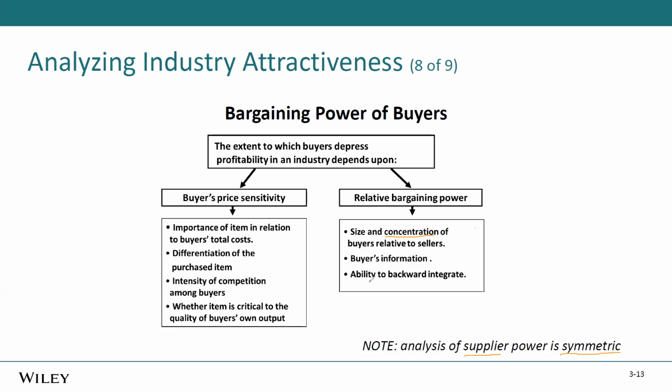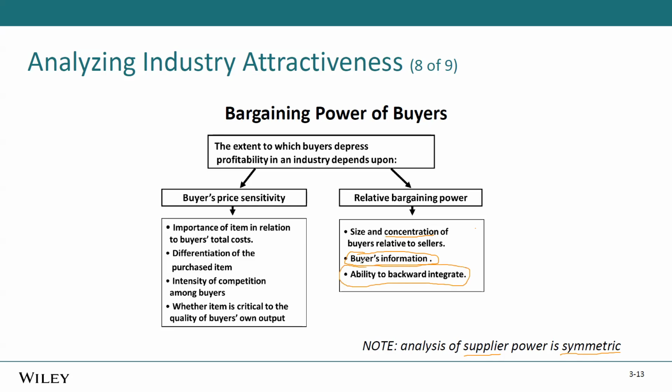The buyer's information can also affect bargaining power. If I know all the different products out there and I know their prices, I can bargain harder than if I don't know what else is out there and you're the only seller I've been able to find. And the ability to backwards integrate.